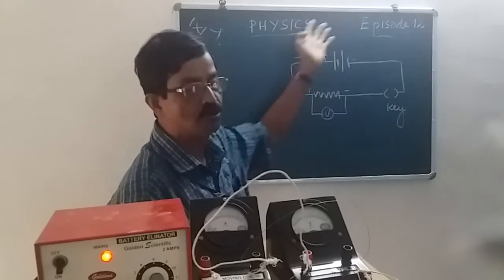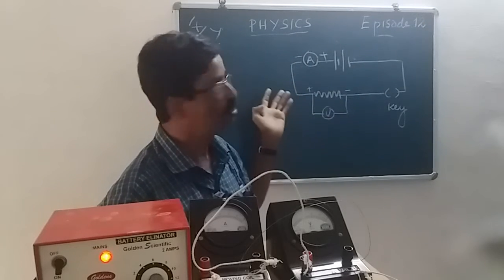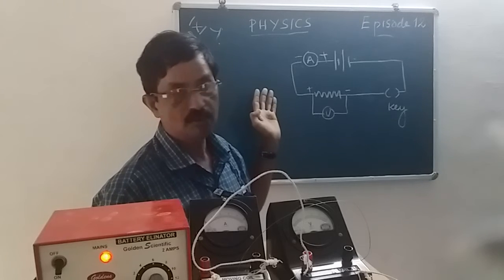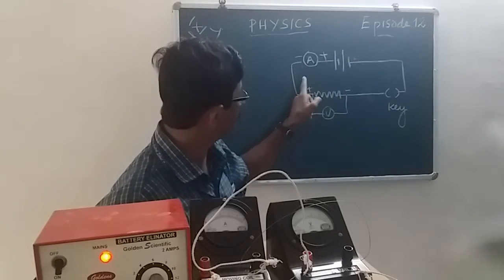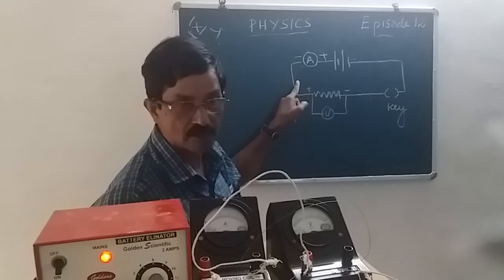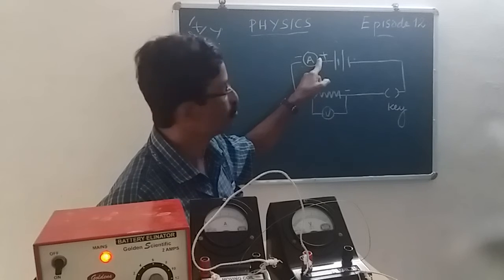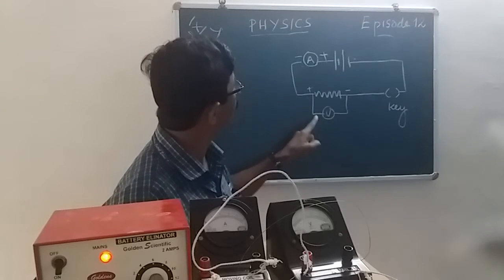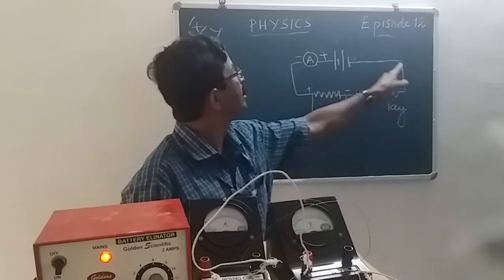You need to remember how to draw the circuit to verify Ohm's law. Battery positive to the ammeter, from the negative of the ammeter to the positive of the voltmeter, and from its negative to the negative of the battery.